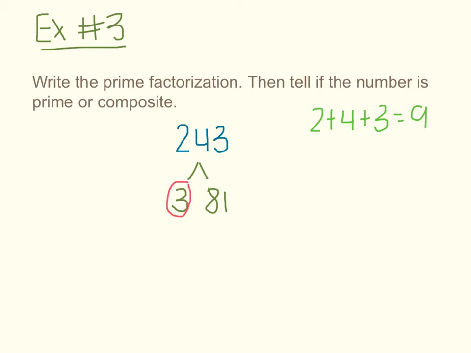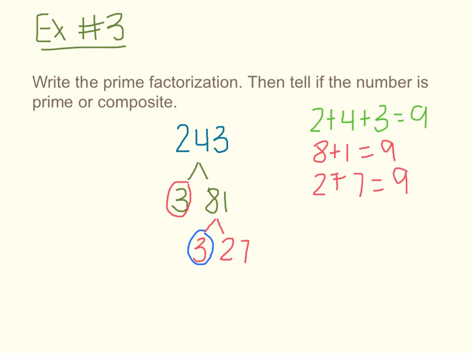circle it. 81, I take those digits again, 8 plus 1 also equals 9, so I know it should be divisible by 3. So 3 times 27 equals 81. And now we have another 3, which can't be broken down, so we circle it. And then I have 27, and we're in the same boat again with 27. We have 2 plus 7 equals 9, which is also divisible by 3, so I know it can be broken down by 3 again.